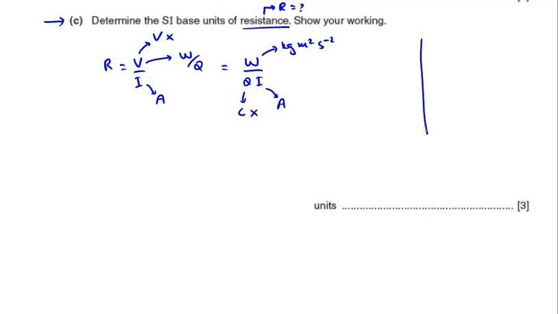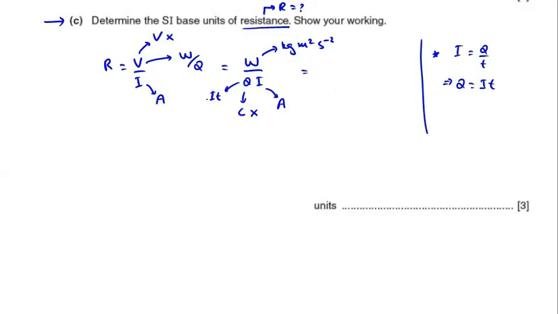Now look over here. The expression for charge Q may be obtained from the general expression for current, which is Q over t. Now making Q the subject of the equation gives Q equals It. So let's replace Q by its expression It now, where I is current and t is time.